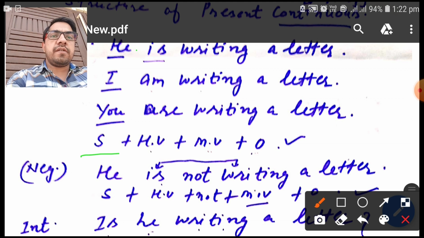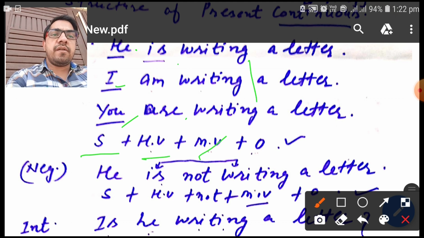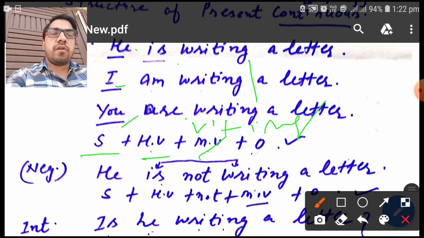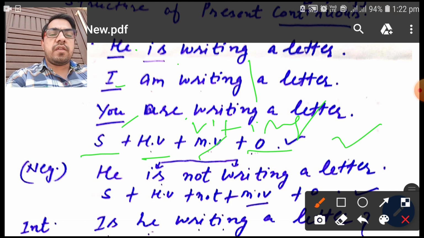He, I, you are playing the role of subject. Is, am, are are helping verbs, writing is the main verb, and in present continuous the main verb is always first form plus ing. After that comes the rest of the sentence, I mean the objective part of the sentence.